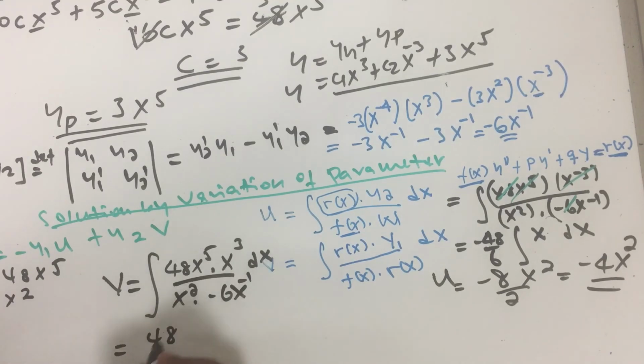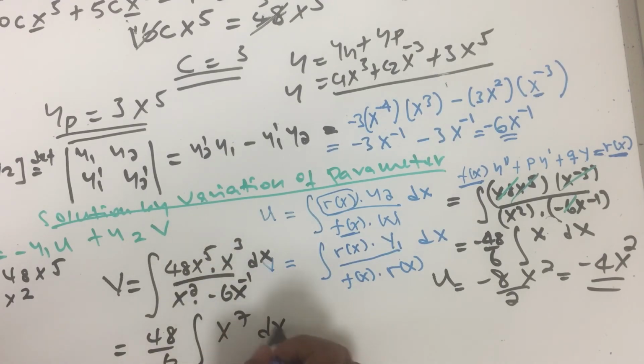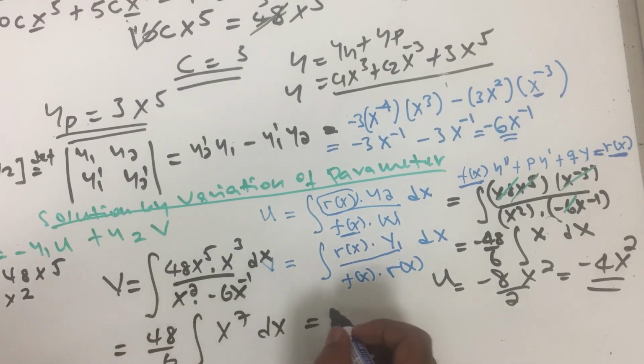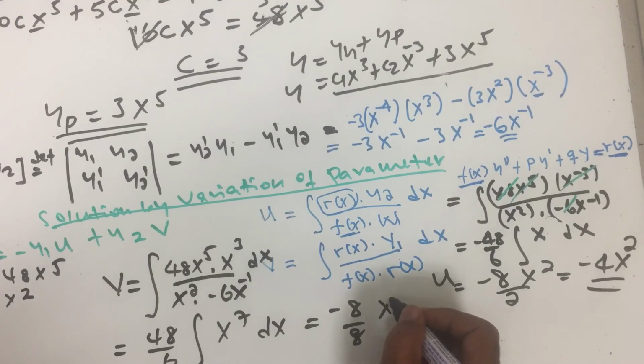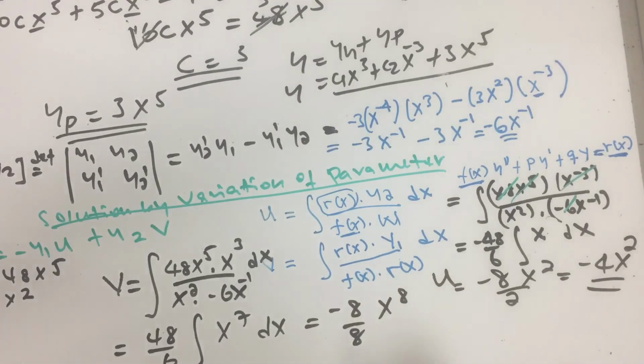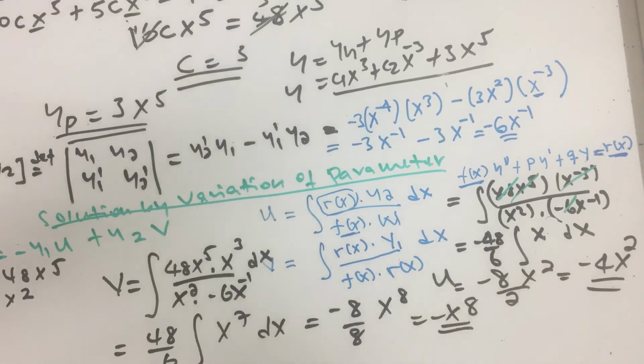So 48 again over minus 6 integration, this is 8 times x to the power of 2 minus 1, which is 1; if we pull it up, it will become x to the power of 7 dx. This is minus 8 over 8 x to the power of 8, which equals minus x to the power of 8. Don't forget, this is our v.